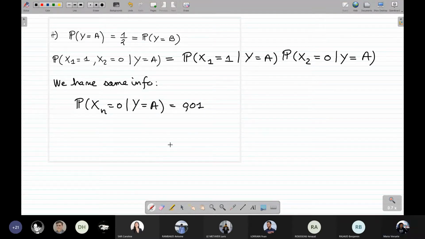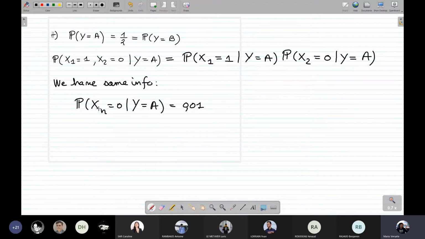So the probability that the nth watch doesn't work given that it comes from A is just the proportion of not working watches produced by A.